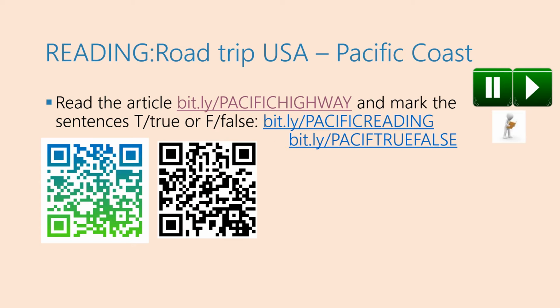So you can follow the link, read the text, and mark the sentences true or false. You can download the statements from the link Pacific Reading, or you can follow the other link Pacific True False and automatically check your answers.